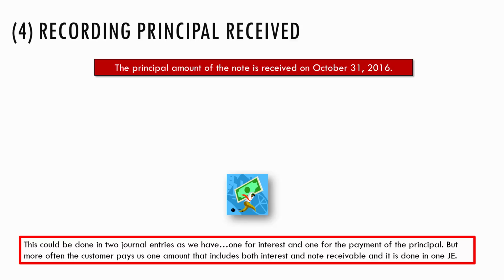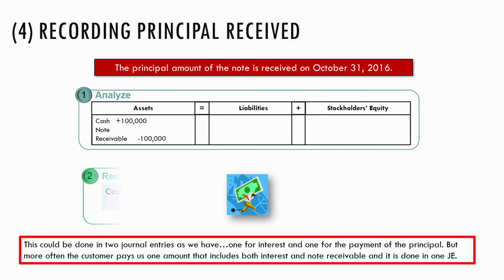And the amount is not going to be 100,000. It's going to be 100,000 plus the interest, or 106,000. So oftentimes you see these two journal entries combined.